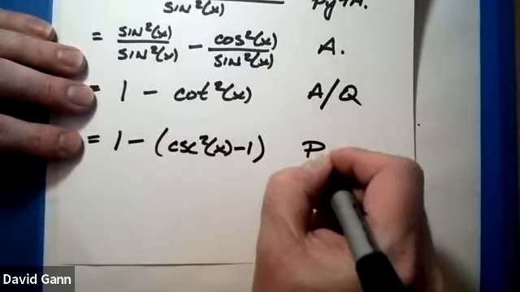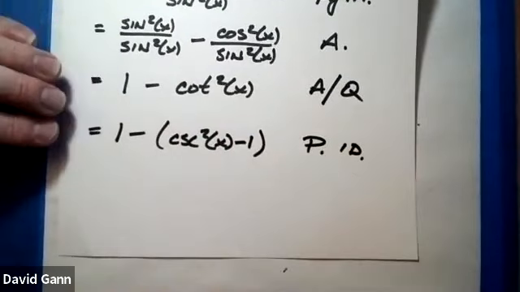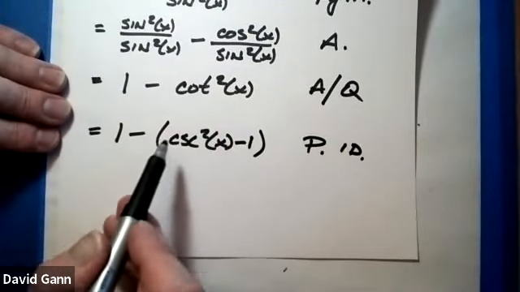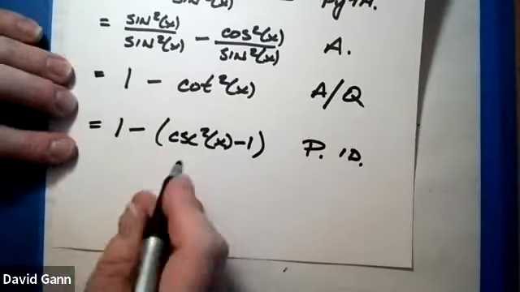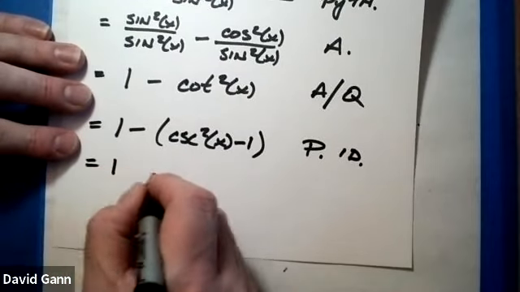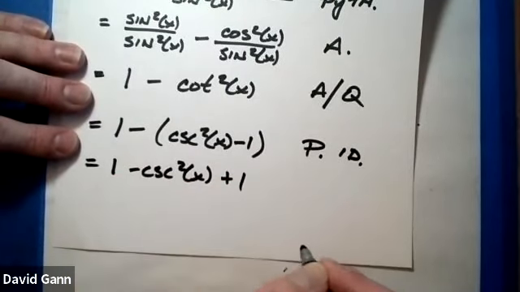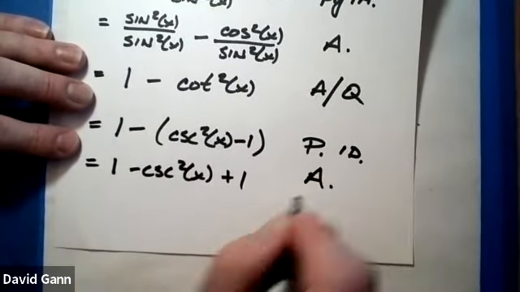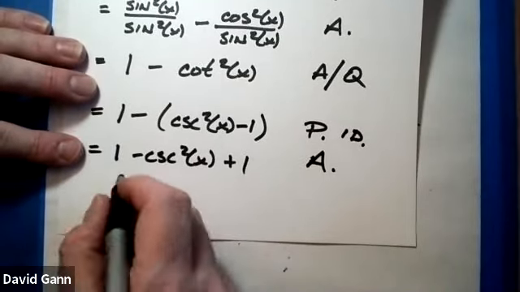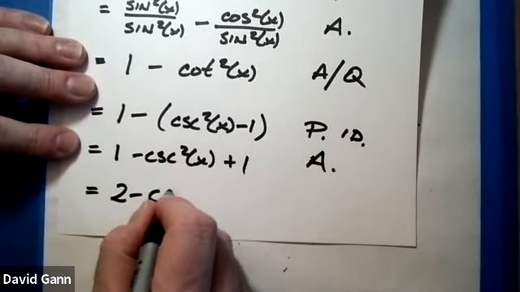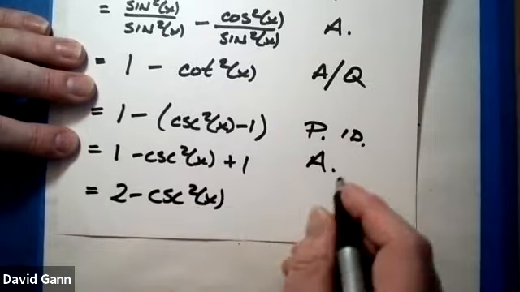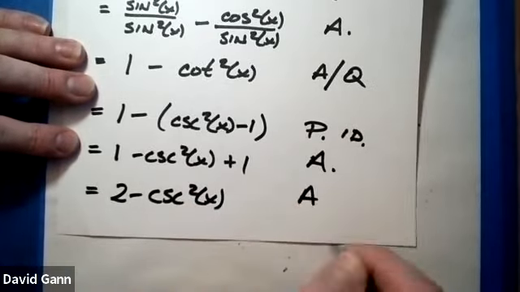This is a Pythagorean identity. And now distribute, negative, negative, you're going to end up with 1 minus cosecant squared of x plus 1. That's just an algebraic step. And of course, this will combine as 2 minus cosecant squared of x, as was desired.